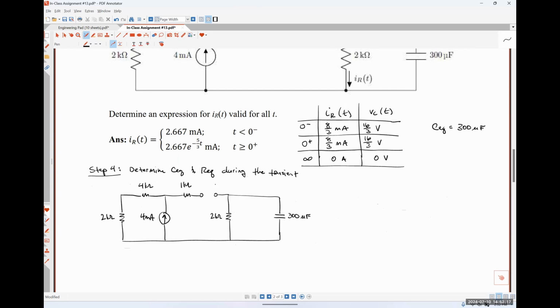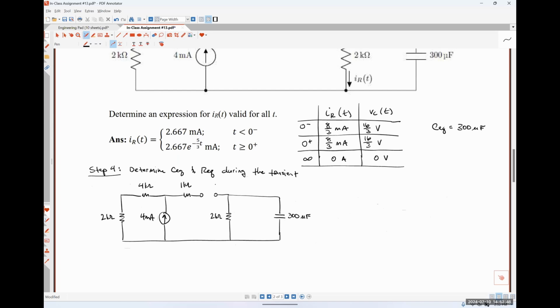Now, this is a step where I see a large number of mistakes from students, so I'm going to try to explain myself as best as I possibly can here, okay? When we're finding REQ during the transient condition, what we are doing is finding the equivalent resistance seen by our energy storage element during the transient condition.